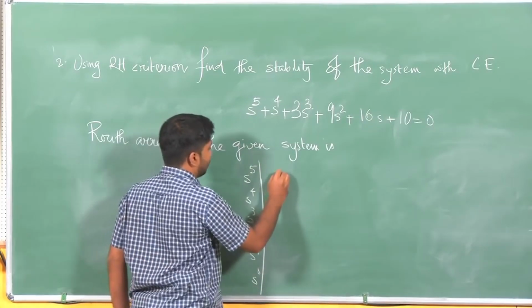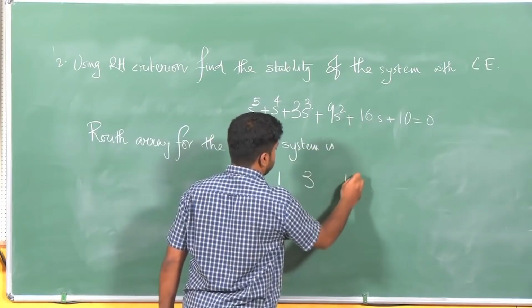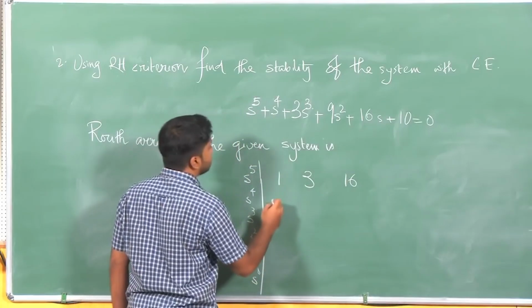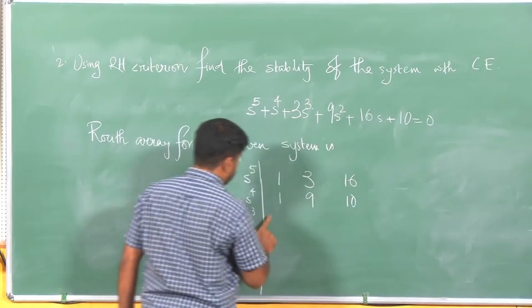Okay. So, 1, alternatively 3, then 16, and here comes 1, 9 and 10.